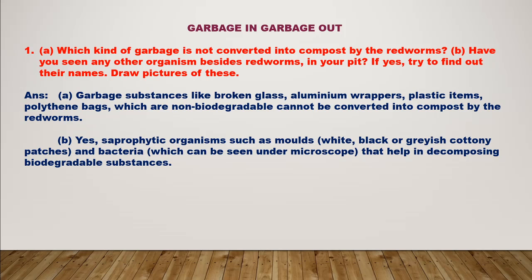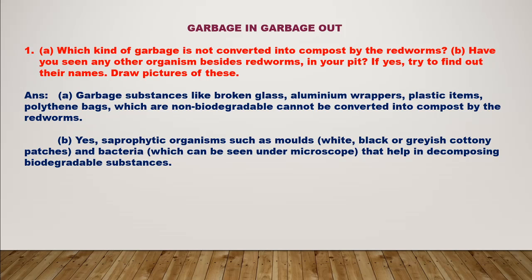First one: which kind of garbage is not converted into compost by the redworms? Basically, the garbage which is non-biodegradable. Now, what do you mean by non-biodegradable? That is, by biological origin or naturally they are not decomposed or simplified into simple substances.